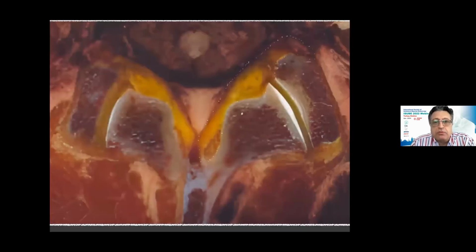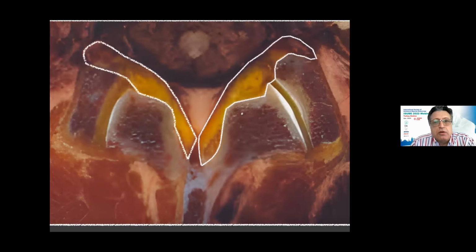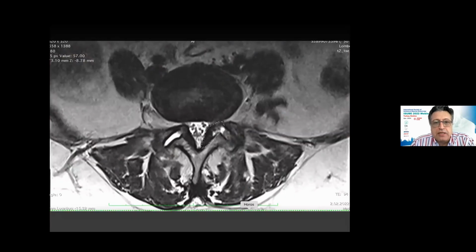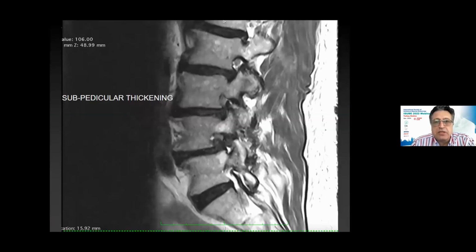And we also have the ligamentum flavum, which is responsible for compression of the neural structures, as we've seen in many patients. Sometimes we have the subpedicular technique, as we see here, and this is also one of the factors of the narrowing of the intervertebral foramen, and we have to take it into consideration, and if necessary, make a subpedicular resection.